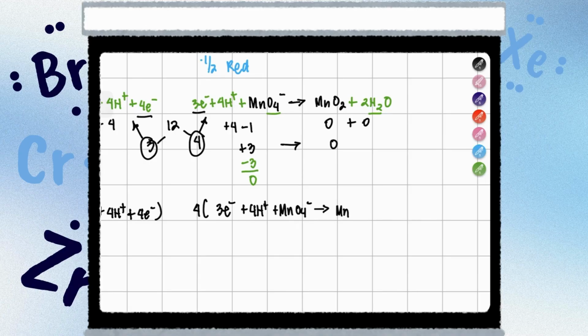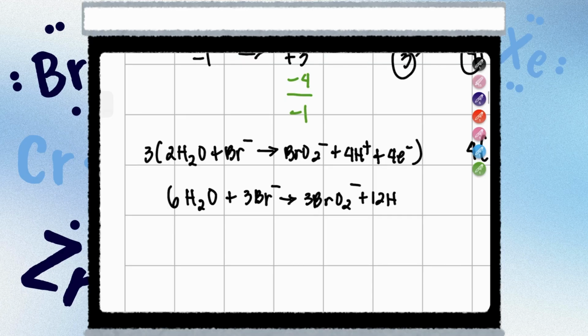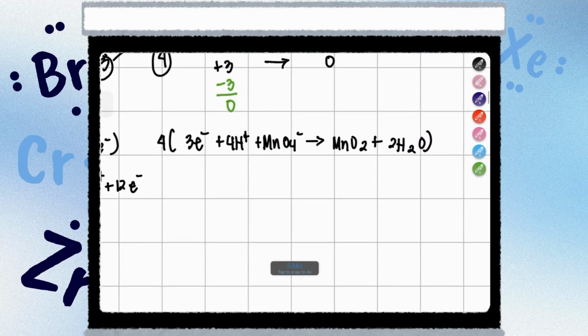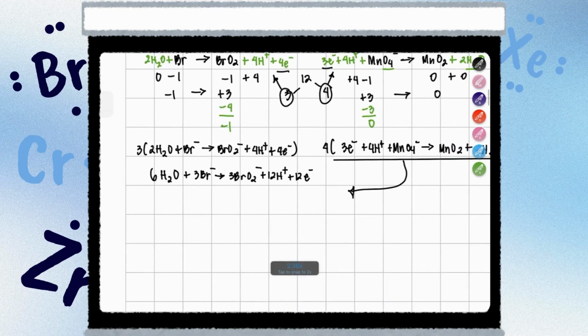Then MnO2 plus 2H2O. Simplify. So 6H2O plus 3Br minus, and 3BrO2 minus plus 12H plus 12e minus. Then we can write ito sa ilalim nito para diretso na tayong combination after.